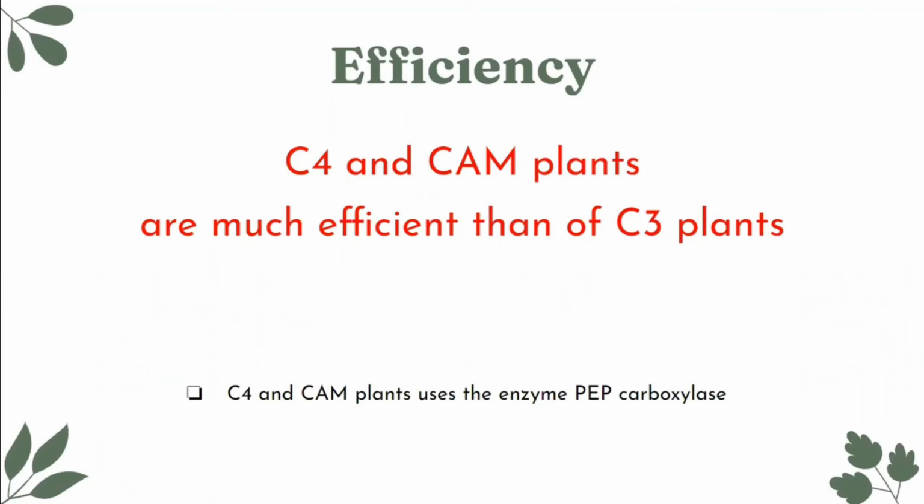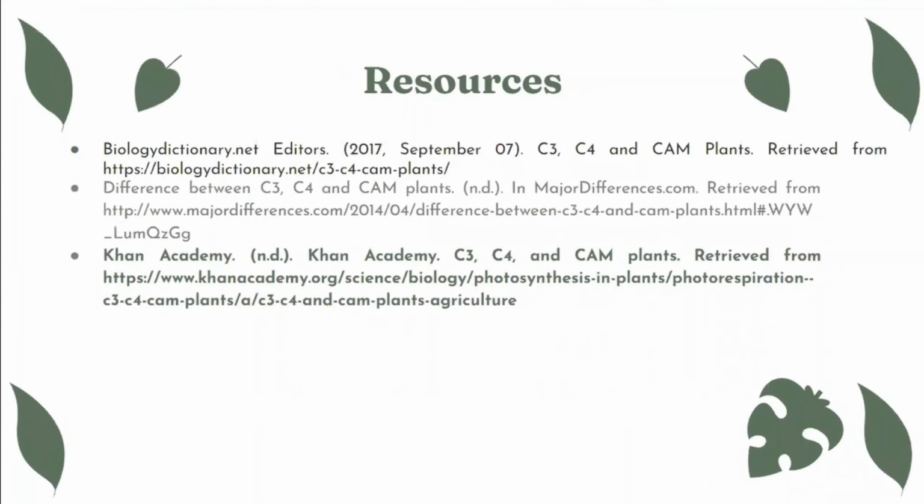Therefore, it prevents photorespiration from occurring. Thus, C4 and CAM plants are more efficient because of their high rate of photosynthesis and reduced rate of photorespiration. That is all for the photorespiration of C4 and CAM plants.